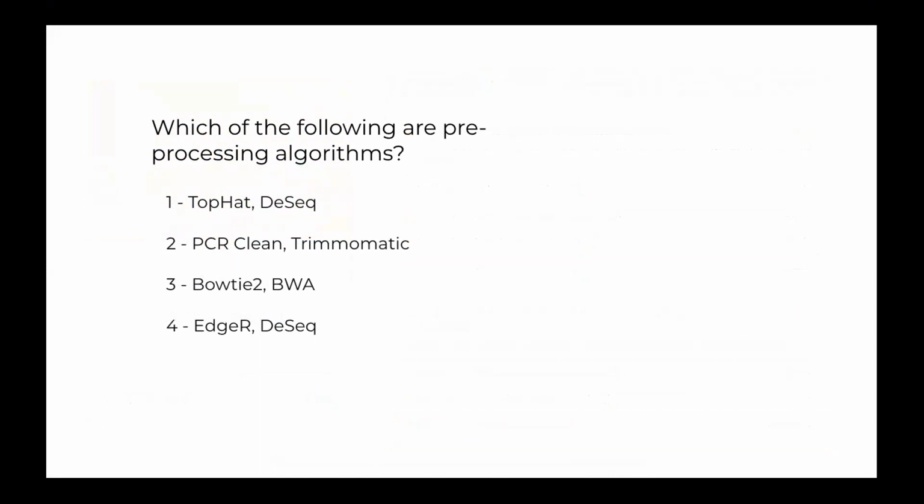Last time I hope that we covered the pre-processing algorithms. Is it answer number one? Is it answer number two? Or is it answer number three or four? You can totally write on the chat box or unmute yourself. Can you tell?